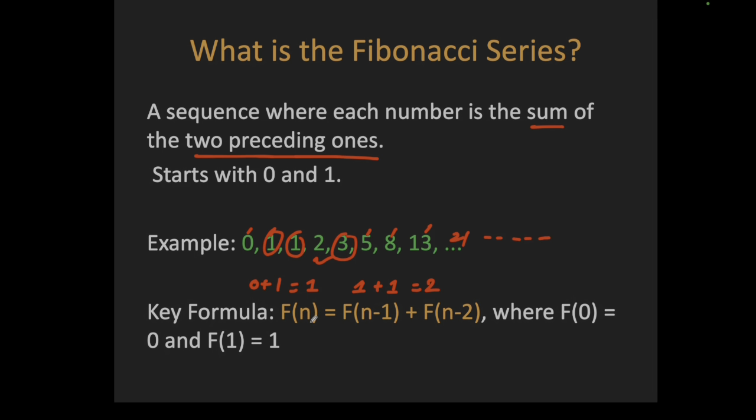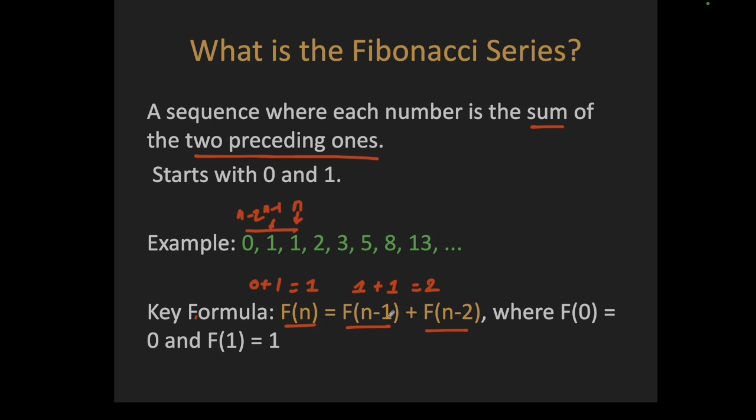So the formula became fn equals fn minus 1 plus fn minus 2. For example, if we consider these 3 numbers, we can find out this formula. This is n minus 1, this one is n, and this is n minus 2.